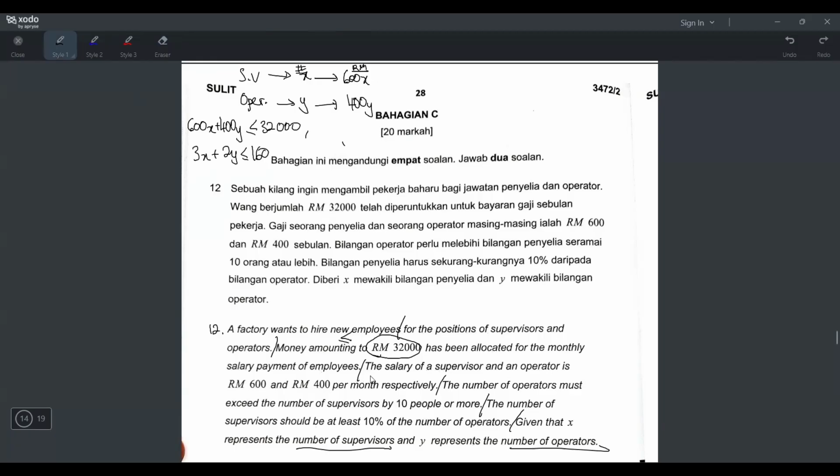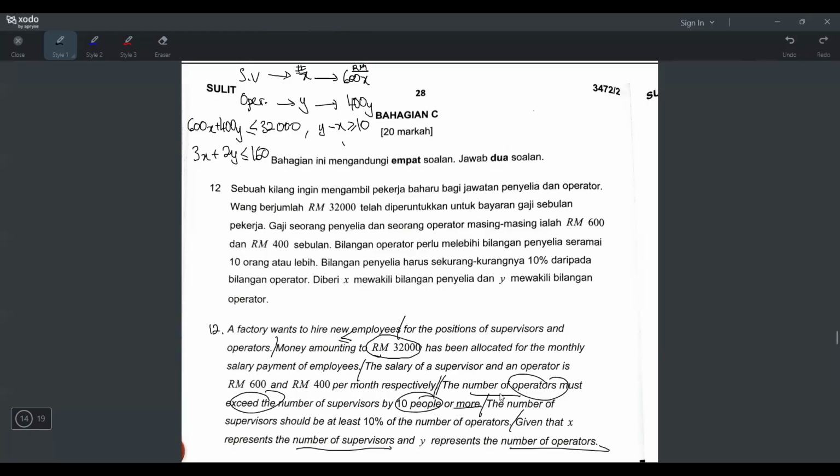So let's keep reading. Okay, this one sudah baca. The number of operator, which is y, right? Yeah, because I write down already y represents number of operator. So let's just write y must exceed the number of supervisor by 10 or more. That means y minus x must be bigger or sama dengan 10 lah, right? Do you understand?